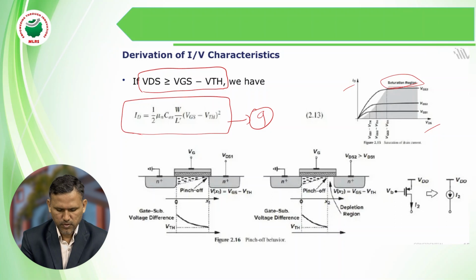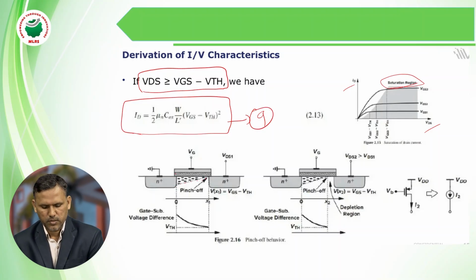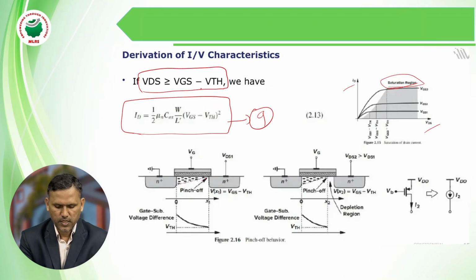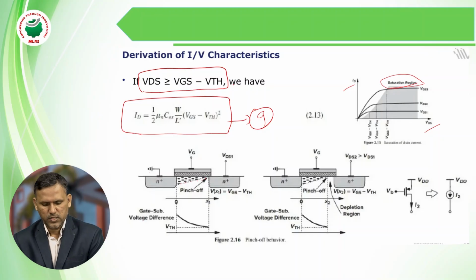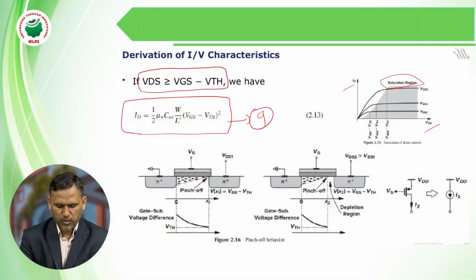That means whenever we consider this gate to substrate voltage difference VTH, here you can observe this is the electron channel. Here, this is the ground, this is the positive supply. Then VDS is greater than VGS minus VTH. At that time, VDS is more positive.